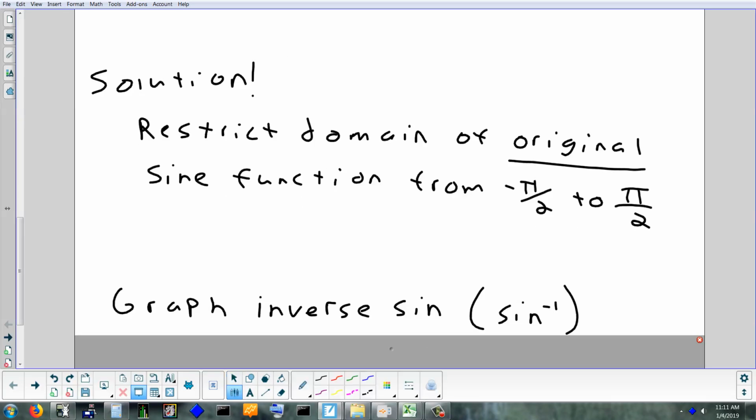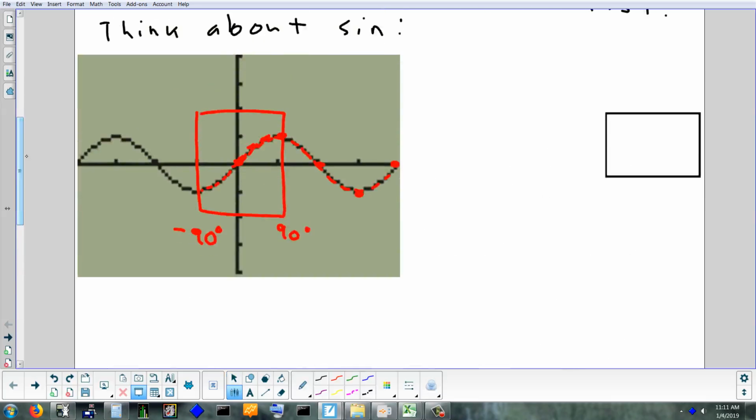So for a minute, I want to think about the original sine function and what we just did. If you look at that box in red, it has a domain and it has a range. Just look at what's in the red box.